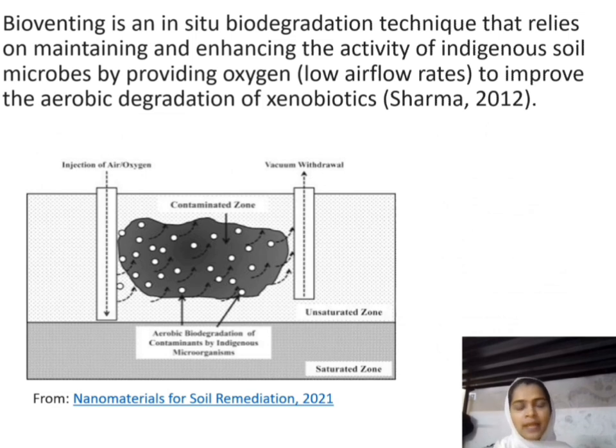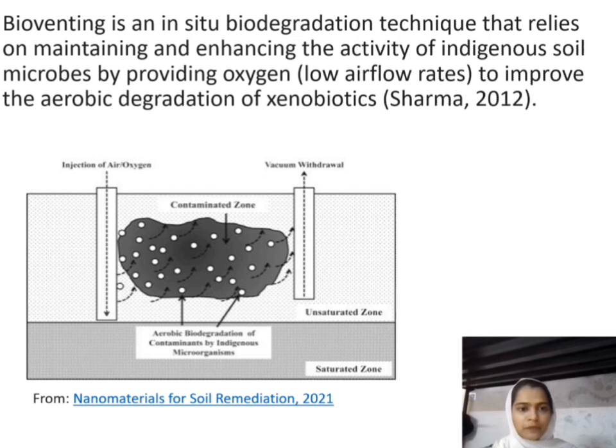Bioventing is another in situ biodegradation technique that relies on maintaining and enhancing the activity of indigenous soil microbes by providing oxygen to improve aerobic degradation of xenobiotics. We can see here there is a saturated and unsaturated zone. In the unsaturated zone, we can see the contaminated zone. The contaminated zone also has the bacteria which can degrade the pollutant.